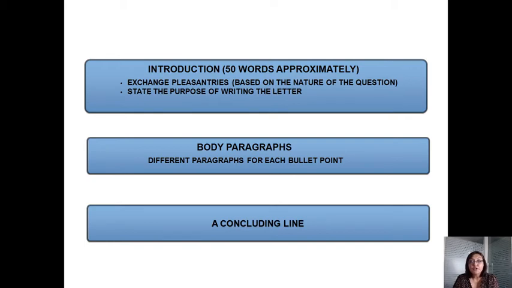So make sure that 4 to 5 sentences are written for every bullet point that has been given to you, and then end it off with a nice concluding line. We will take up a prompt and break it down into the various paragraphs that we have just spoken about, and you will see how to write a concluding line.